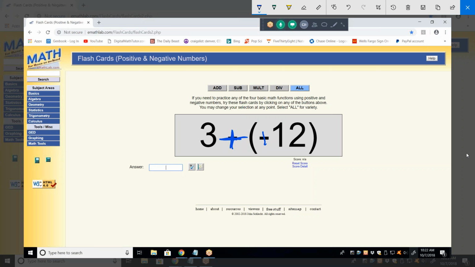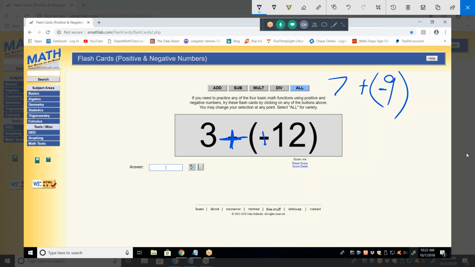In other words, if I have 7 minus 9, this is a positive 7, subtract a positive 9. Well, I'm going to turn it into an addition, only now I'm adding a negative 9. That's how you do all subtraction problems. Simple as that. But you got to remember the technique.